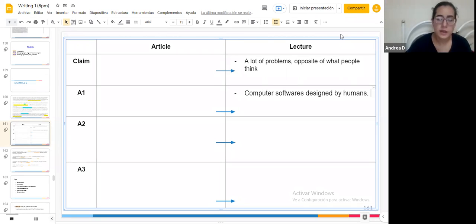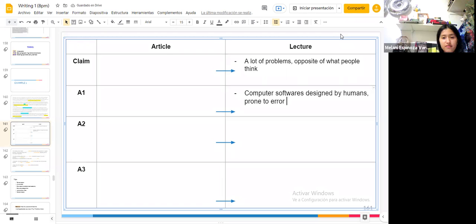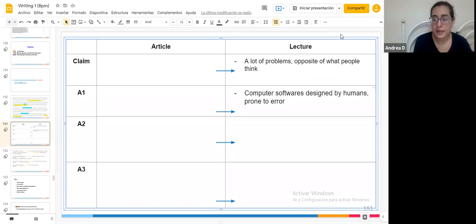Okay, so yes, I think maybe the expression you're looking for is they're prone to error. Yes. So they can do these things. Okay, nice. So that's correct. So the professor says, well, if humans can make mistakes and they're the ones that design the software, then that means that the software can also be prone to error.